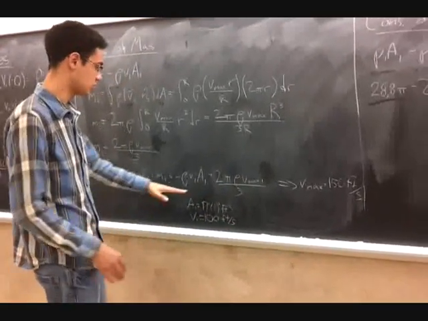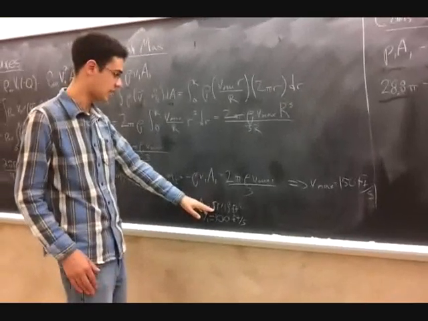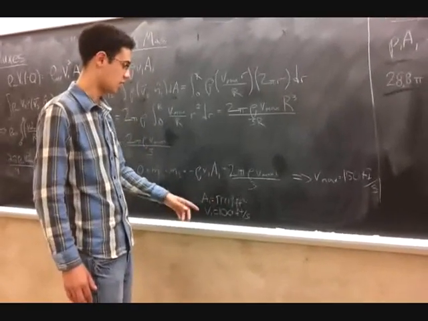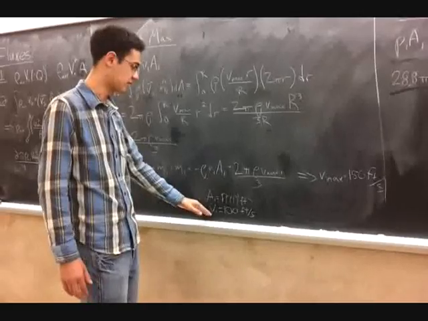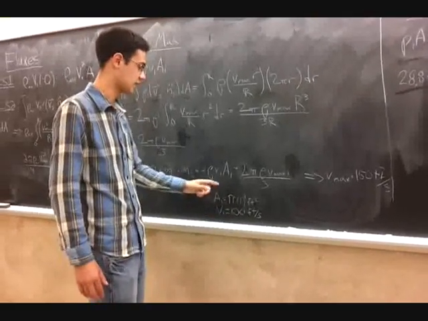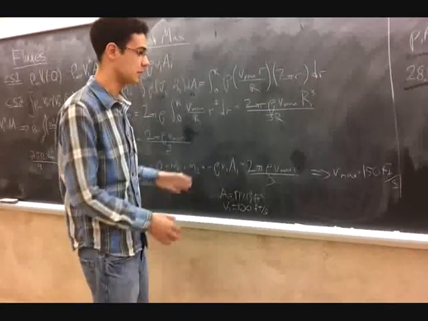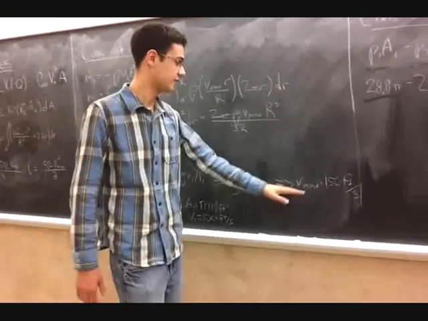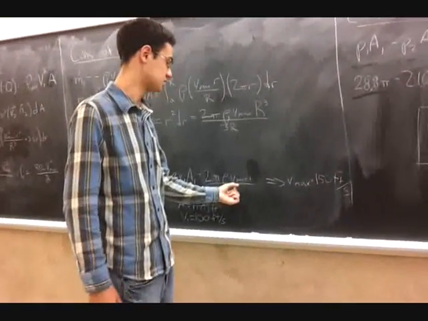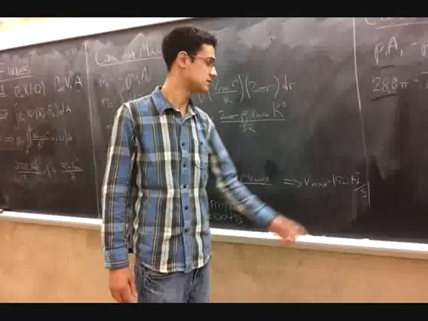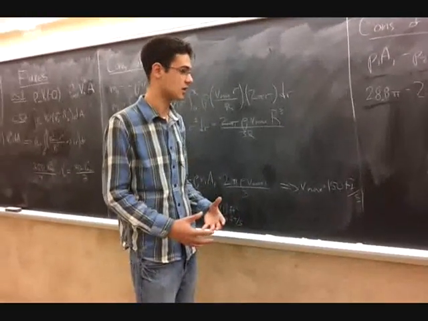We understand that a1 is pi times 1 squared, so a1 is pi, and v1 is 100 feet per second, which are both given in the problem. We're able to simplify this and find the only unknown, which is Vmax, and that is 150 feet per second.